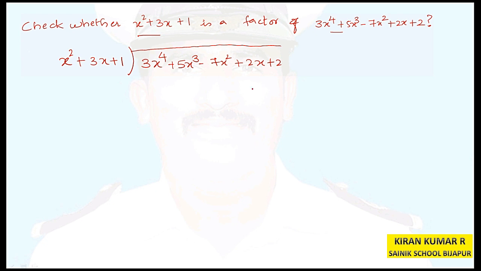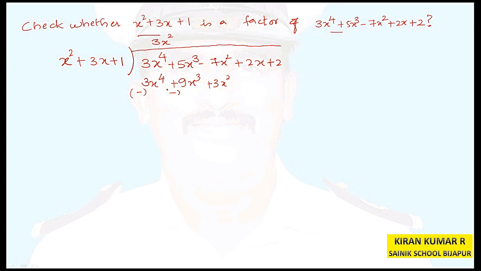3x to the power 4, when we divide by x square, we always get 3x square. So 3x square is the first term. On multiplying, I'll get 3x to the power 4 plus 3 3s are 9x cube plus 3x square.